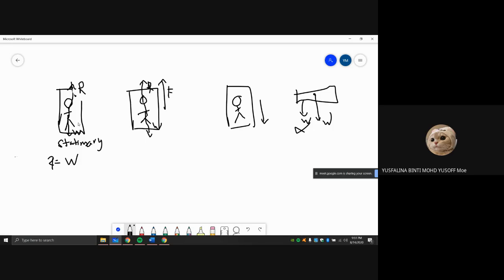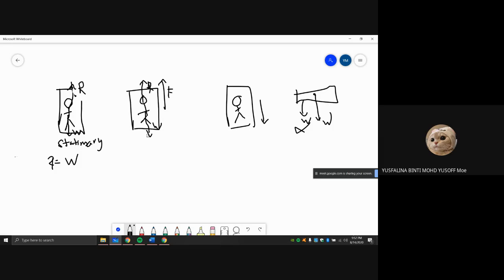The weight is actually equal to R here. Let's say the mass here is 50 kg. If you want to find the weight, 50 times 10, it becomes 500. So the weight is 500, and the reading of the weight balance here is also 500.